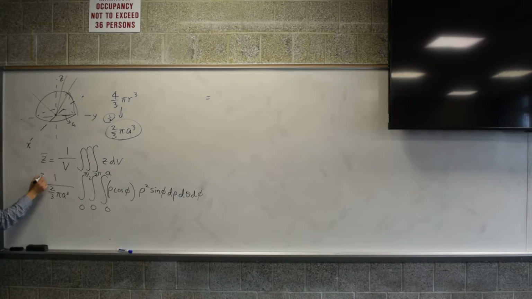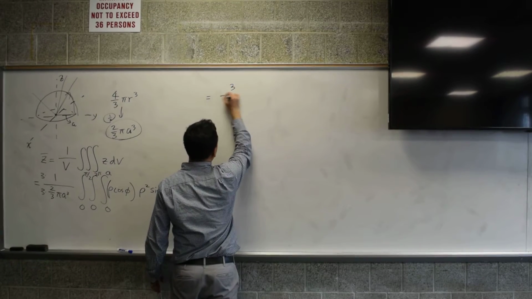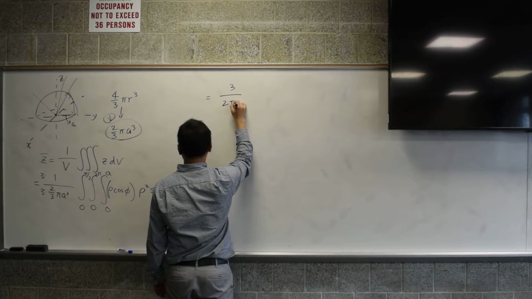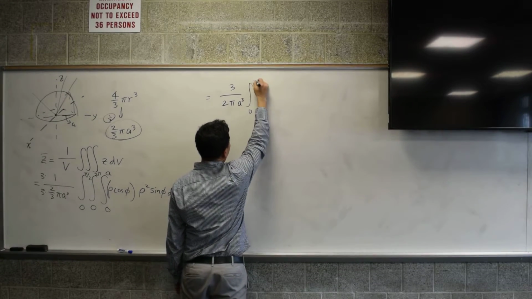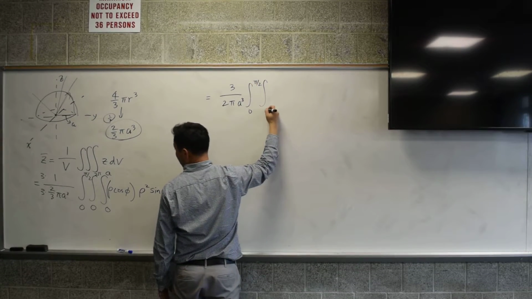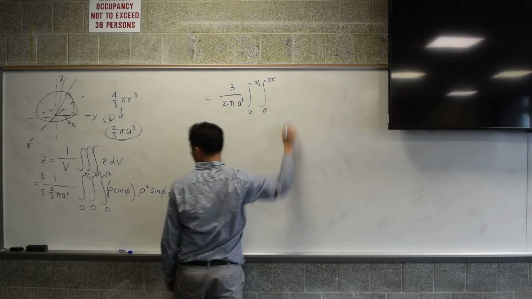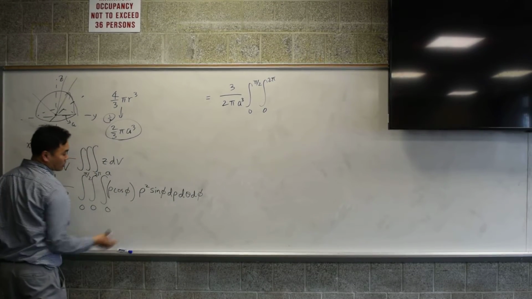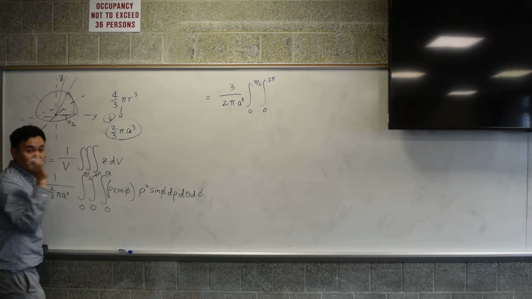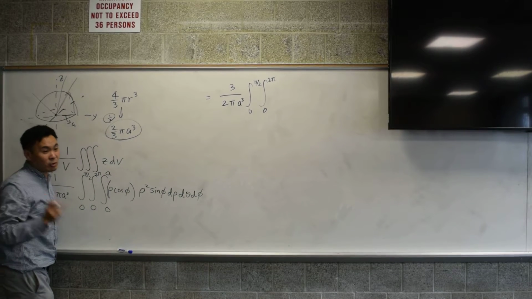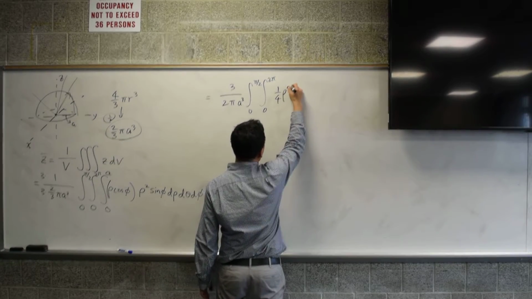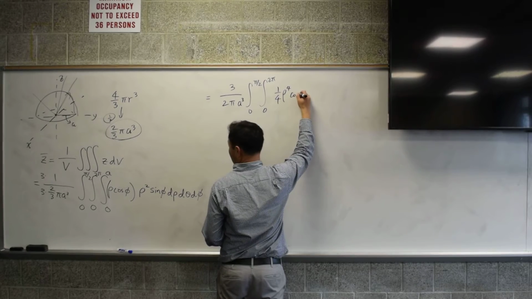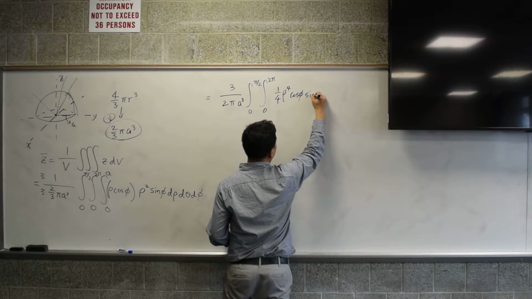Right. You multiply 3 top and bottom to get rid of this annoying 3, and you get 3 over 2 pi a cubed. And then 0 to pi over 2, and then 0 to 2 pi. Now, we first have to integrate by rho. How do you integrate this? Rho times rho squared is rho cubed. If you integrate rho cubed, you get 1/4 of rho to the 4th. And you still have cosine phi and sine phi.